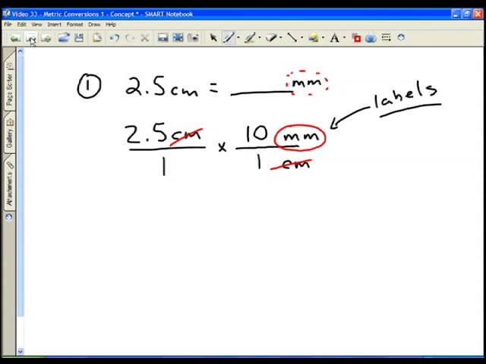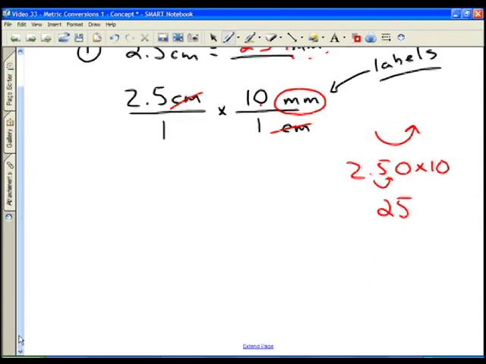And this is really easy to do in your head, because from the last page, we know when we're multiplying by 10, we're moving the decimal 1 to the right. 1 because there's 1 0, and to the right because we're multiplying. So 2.5 times 10 really will be 25. And so 2.5 centimeters is equal to 25 millimeters.